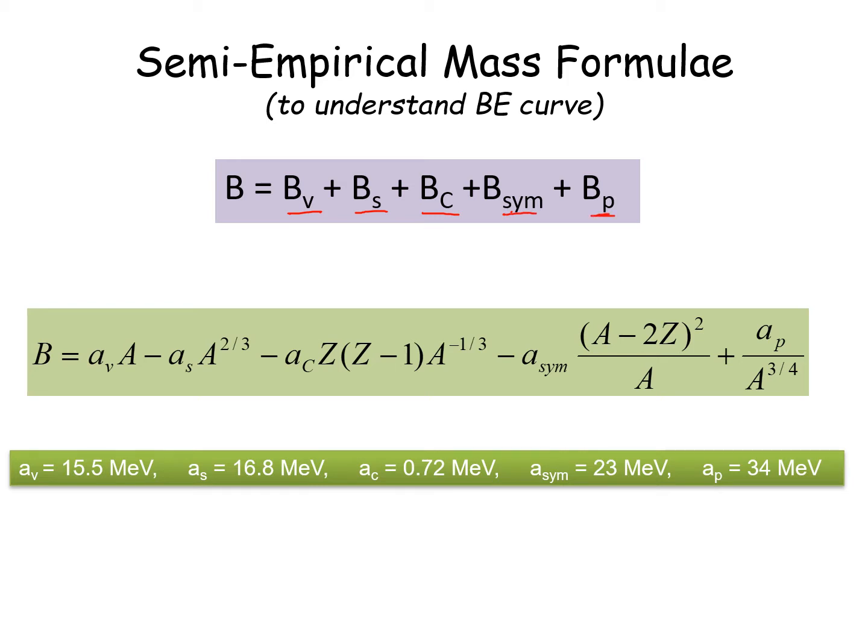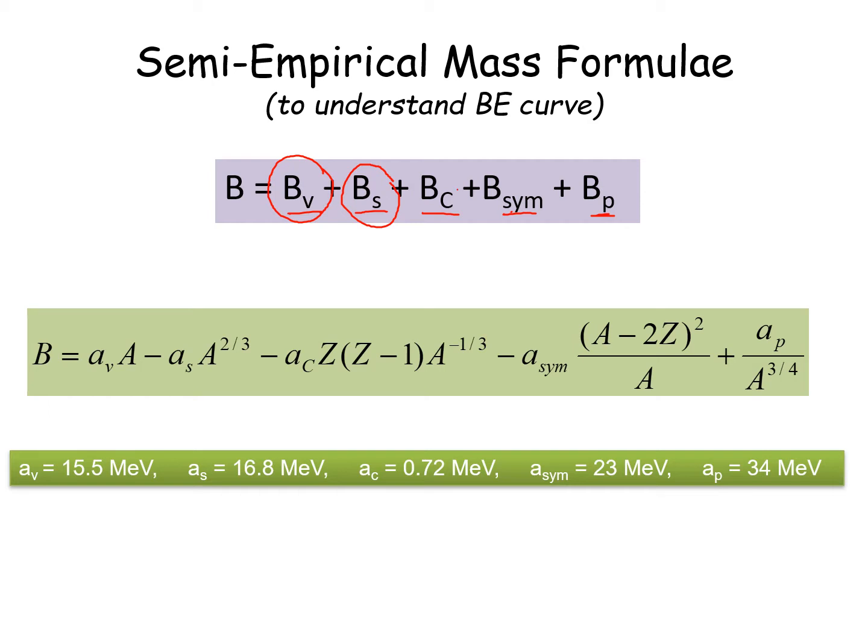Fine. So the total interaction potential here is the sum of different terms. First term, this BV, is called the density dependent Skyrme term, or it is called the volume term. Second, this BS is called the finite range surface dependent term, or it is also called the Yukawa potential.